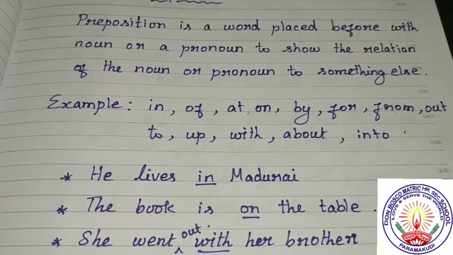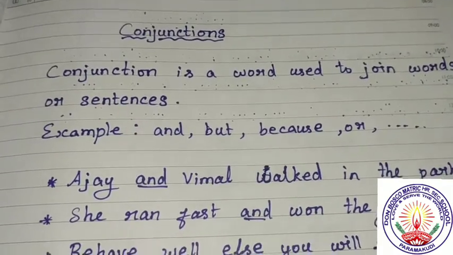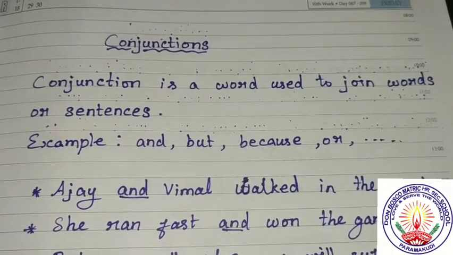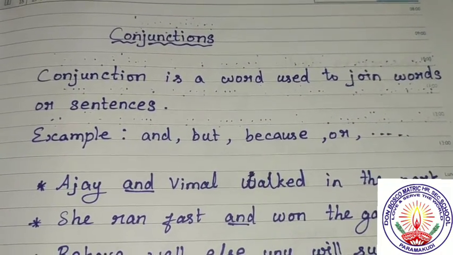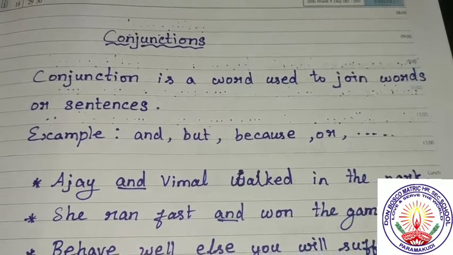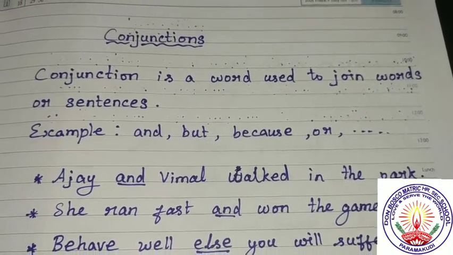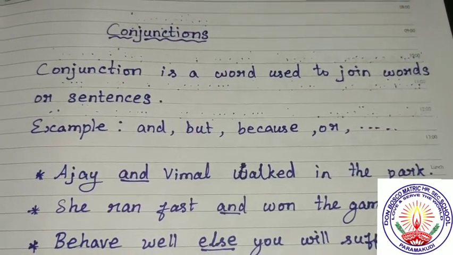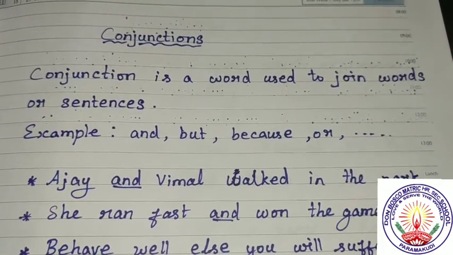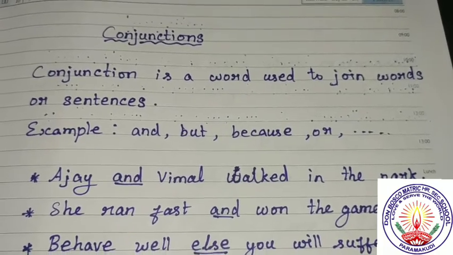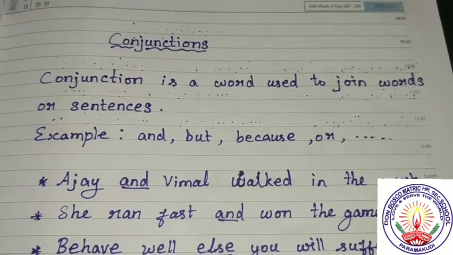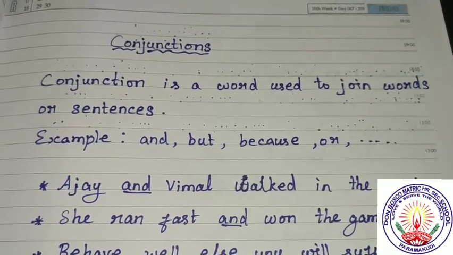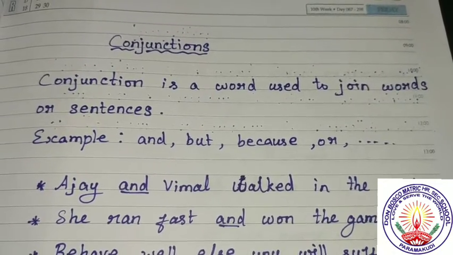Okay, do you understand? The next part is conjunctions. What is a conjunction? A conjunction is a word used to join words or sentences. It is used to join words or phrases or clauses. Clauses means sentences. For example: and, but, because, or. The kinds of classifications I'll teach you later.